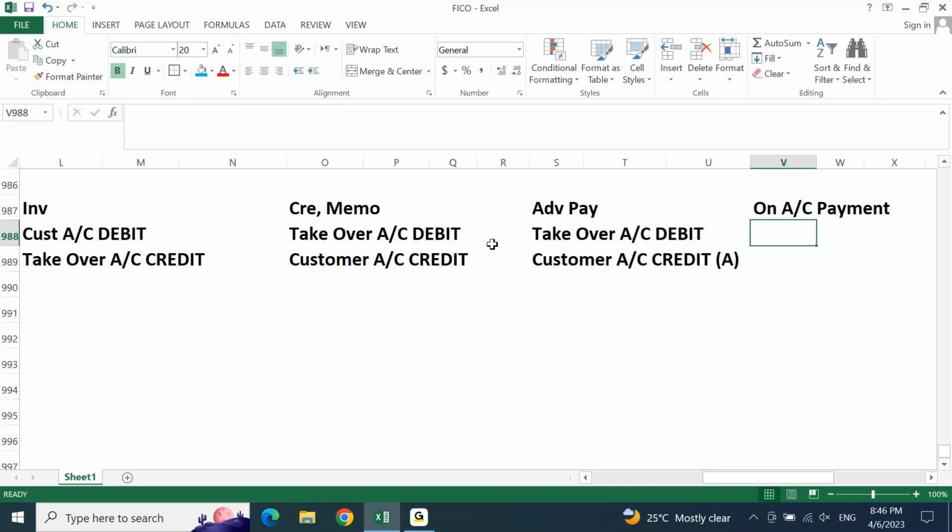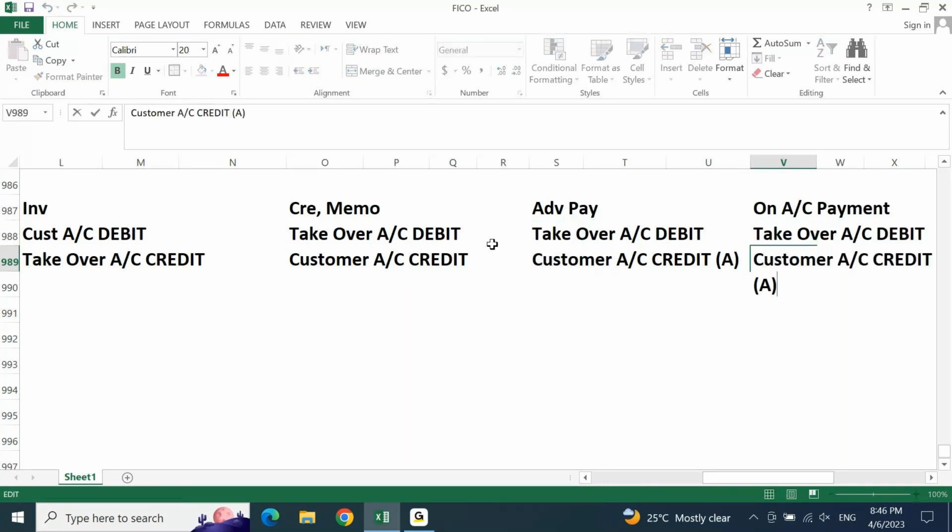You will post this incoming payment as on account payment. For on account payment, it is the same entry again. Advance payment or on account payment are the same, but there will be no special GL indicator. Now this is your takeover for customer, but within the customer takeover, you have 4 types of entries.